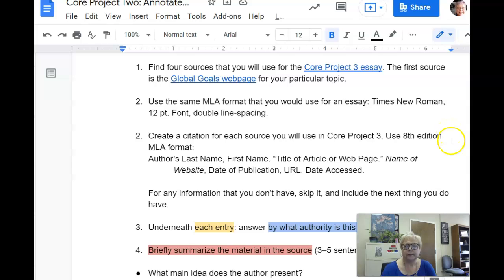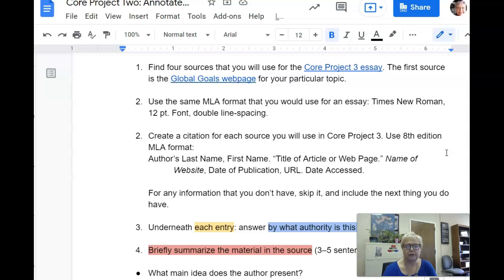So for the Works Cited page on your Core Project 3, you only listed the sources. For the annotated bibliography, we're going to list the sources, and we're going to make some notations on them that shows it's a good source and that it was good for your paper that you used.